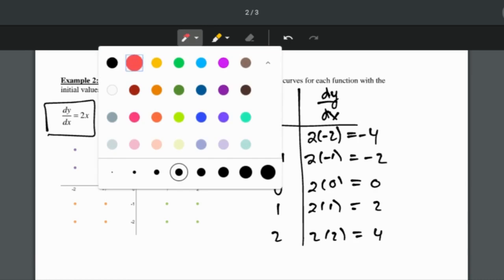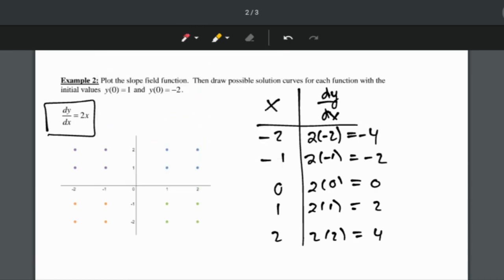All right, so it looks like for any x value of -2, so this whole column all the way on the left, they're all going to have slopes of -4. And again, it doesn't have to be perfect, but maybe something like this would be a slope of -4. They all have the same slope, something like that.